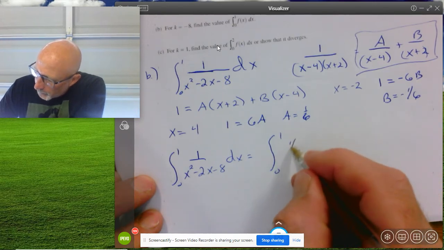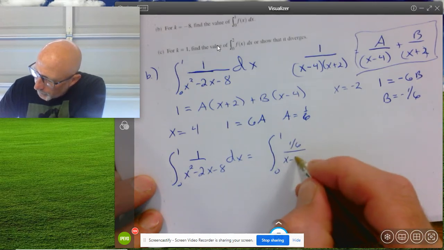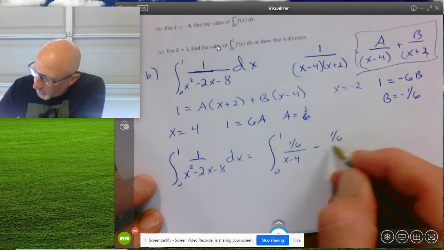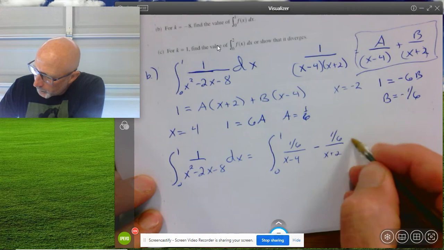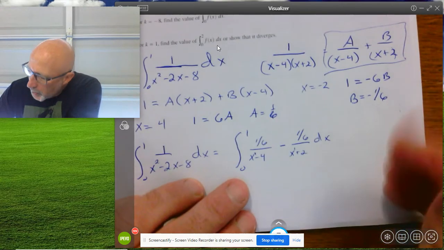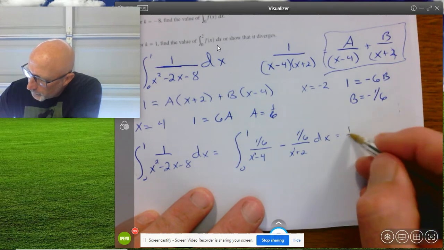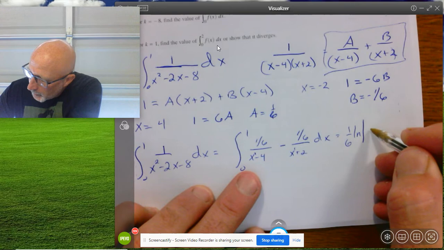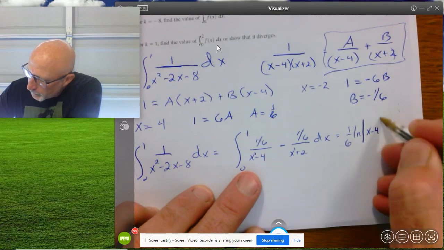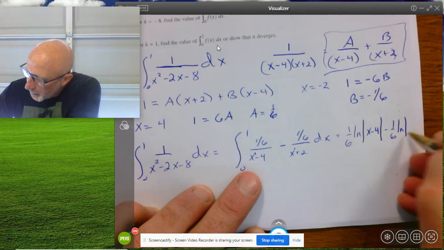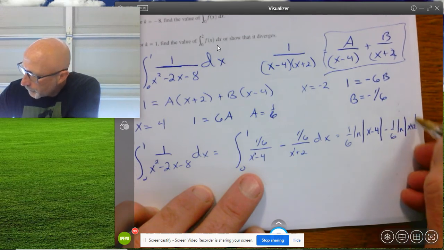So I have 1/6 all over x minus 4 minus 1/6 all over x plus 2 dx. Now this is the first power, so we know we're going to have a natural log function here. So this is 1/6 ln of the absolute value of x minus 4 minus 1/6 ln of the absolute value of x plus 2.